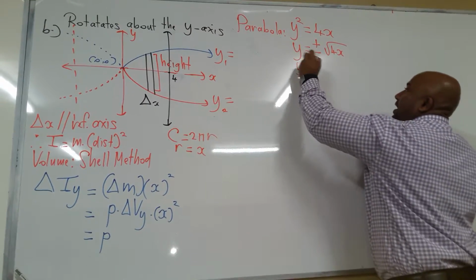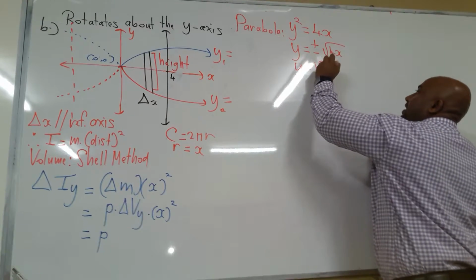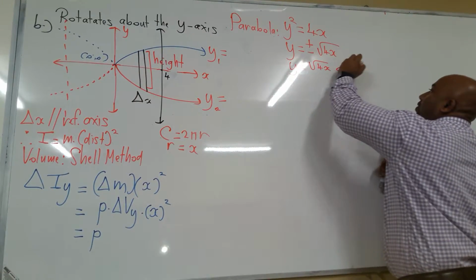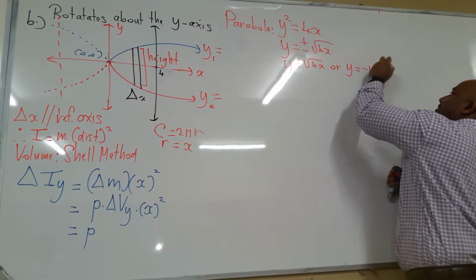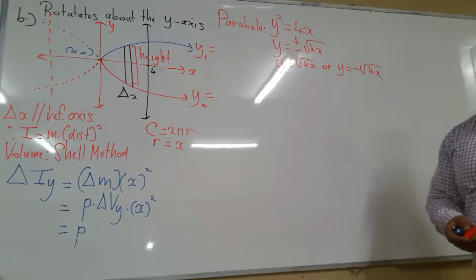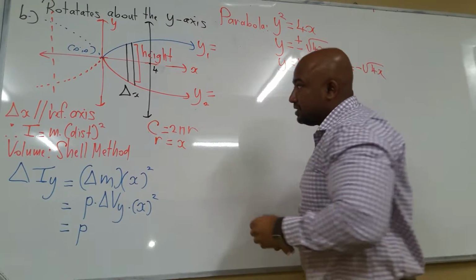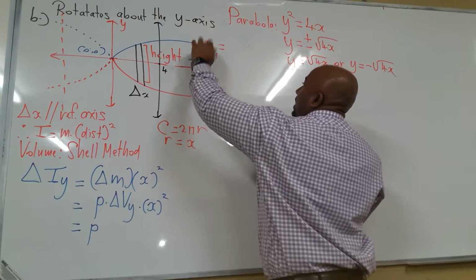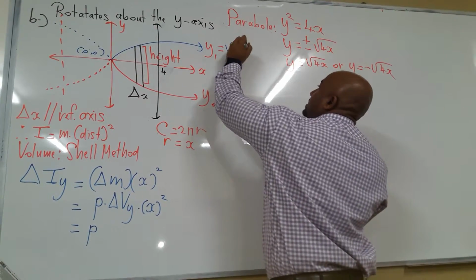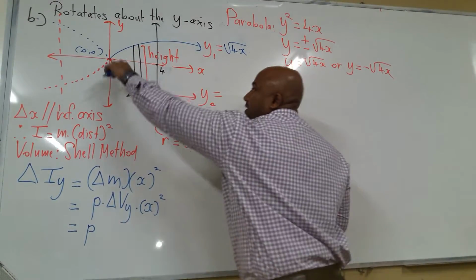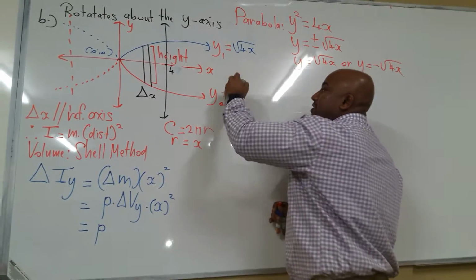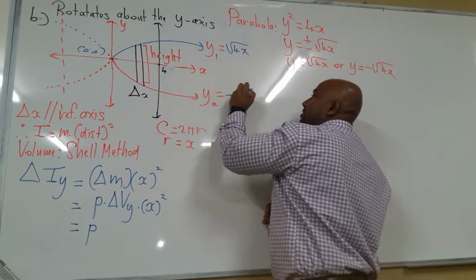That means y is equal to the square root of 4x, or y is equal to minus the square root of 4x. On the upper side, above the x-axis, y1 is equal to the square root of 4x. On this side, y can only be negative, so y2 is equal to minus the square root of 4x.